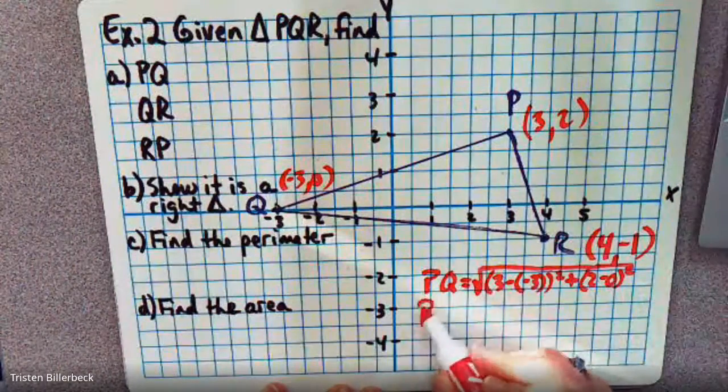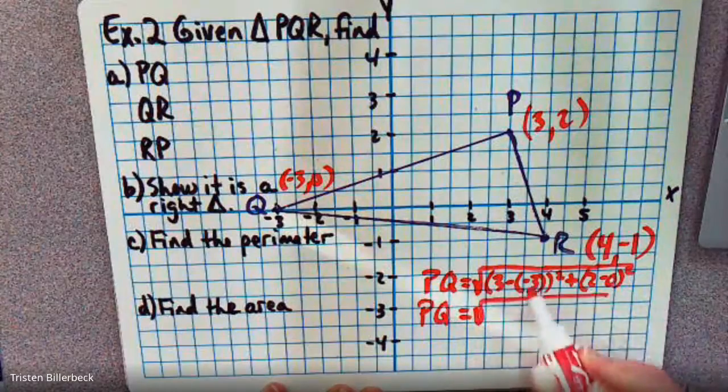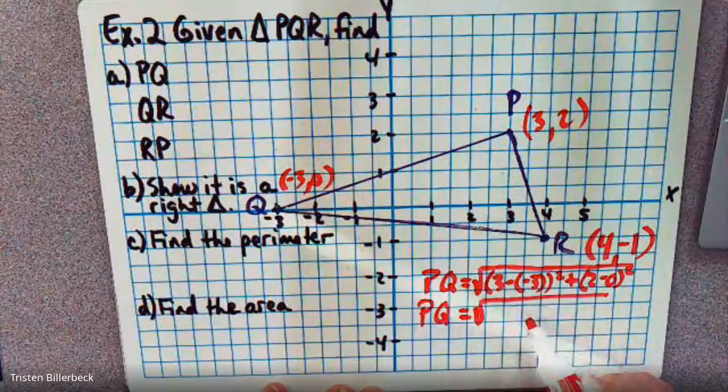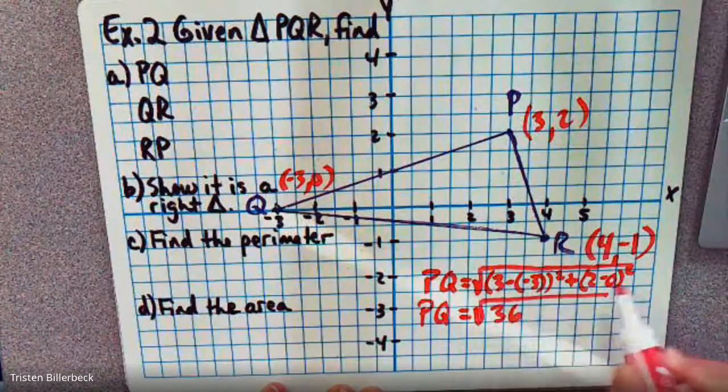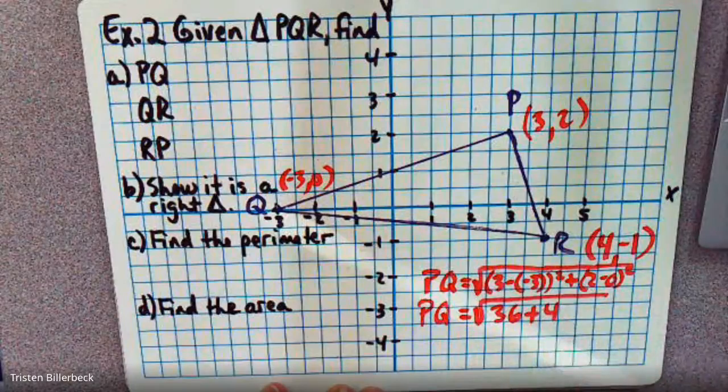So PQ is going to be the square root. This is a positive here, so it's 3 plus 3 is 6, so it's 36. And 2 squared is 4.